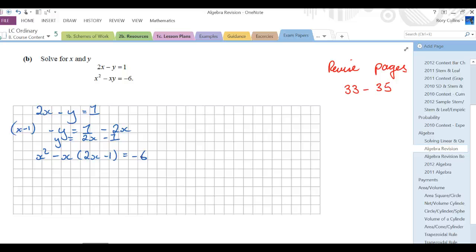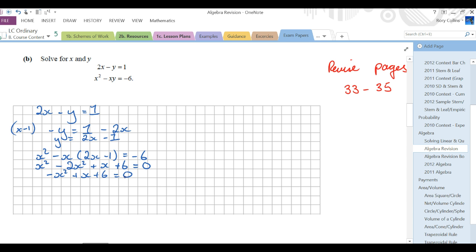First we must multiply out to get rid of the brackets. x squared stays as x squared, minus x by 2x is minus 2x squared, minus x by 1 is plus x. I'm going to bring the negative 6 to the other side to give plus 6 equals 0, giving me x squared minus 2x squared is minus x squared, plus x plus 6 equals 0.